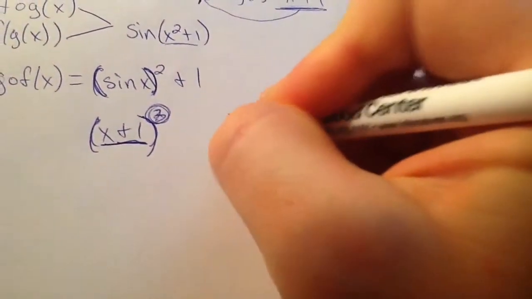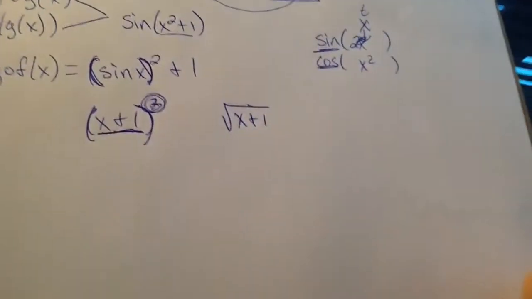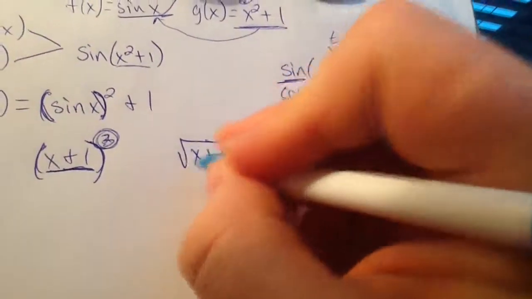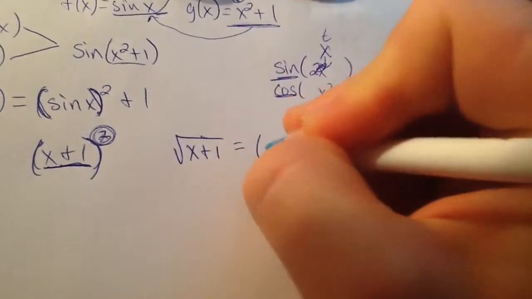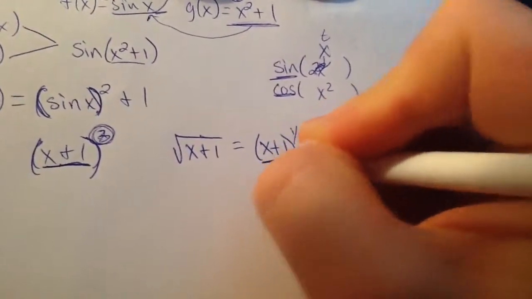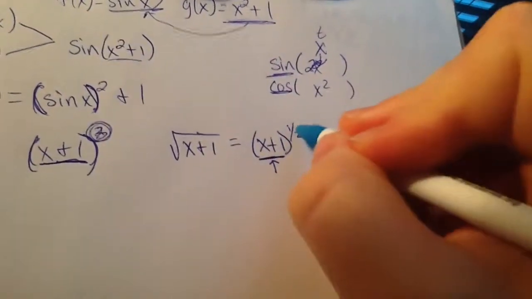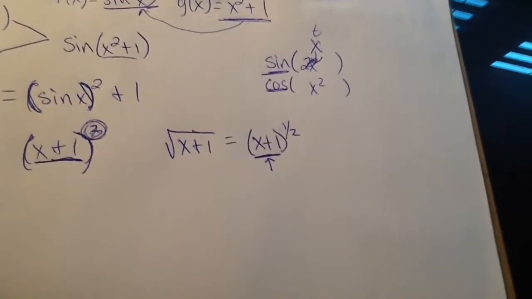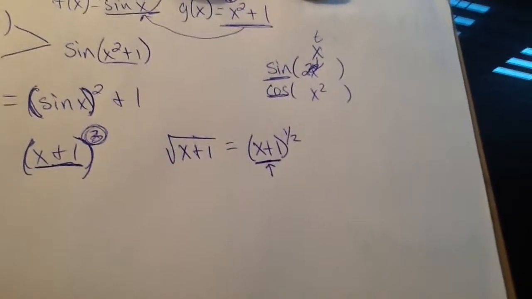Same thing, if you have the square root of x plus 1, and you want to do the derivative of that, you have to realize that square root means the 1/2 power. We have more than just an x inside those parentheses and a power on the outside. We're going to have to do the chain rule. These are all compositions of 2 functions.